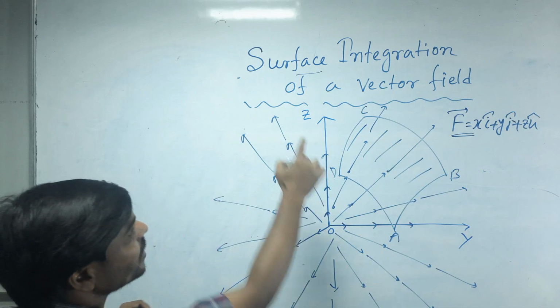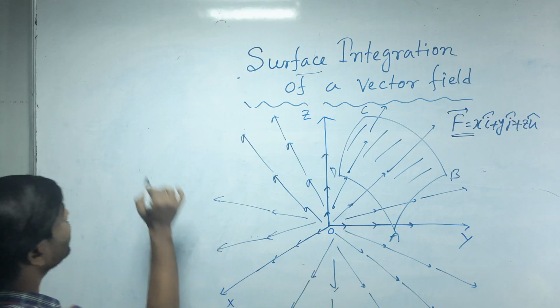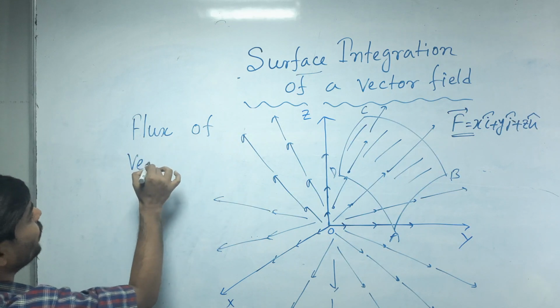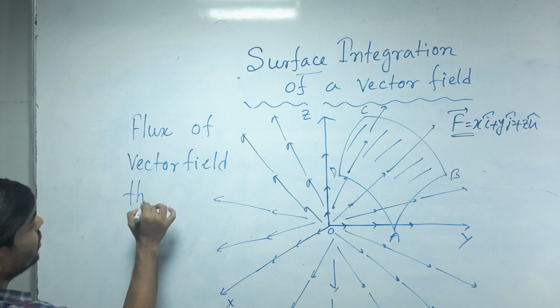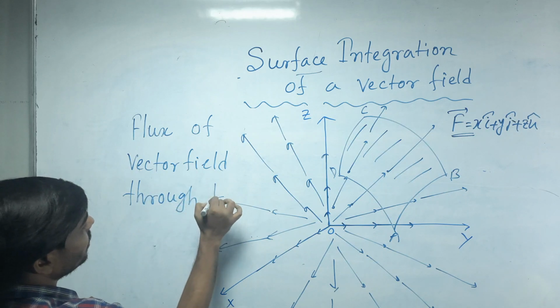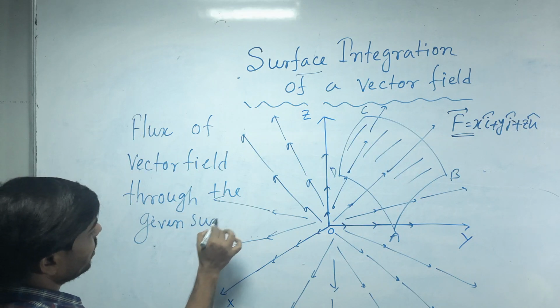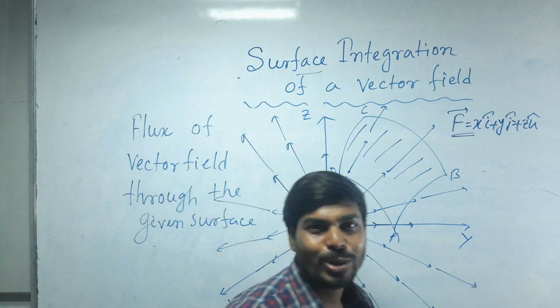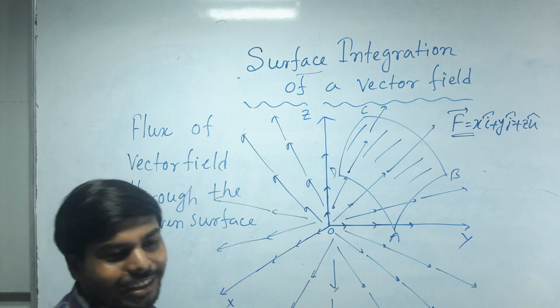The physical meaning of the surface integration is, write down this one, flux of vector field through the given surface. Is it clear? So now let's try to understand what we mean by the flux of a vector field.